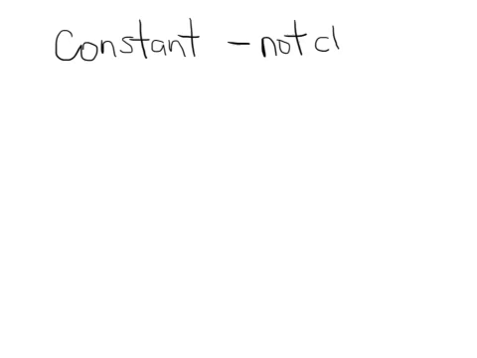Another C word, constant. The word constant means not changing. And variable means to change. So if a variable is represented by a letter, a constant must be a number.